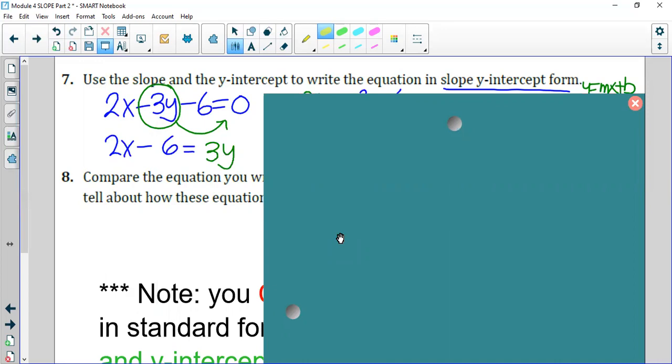Now, I don't have the equation in slope-intercept form right now, but I can rearrange the equation to get to slope-intercept form.